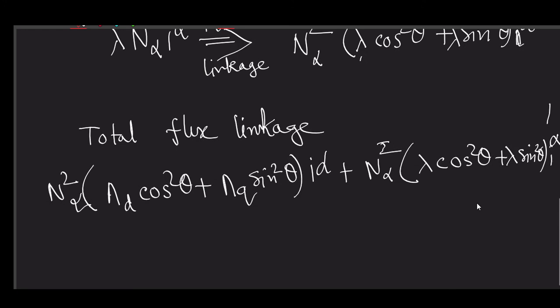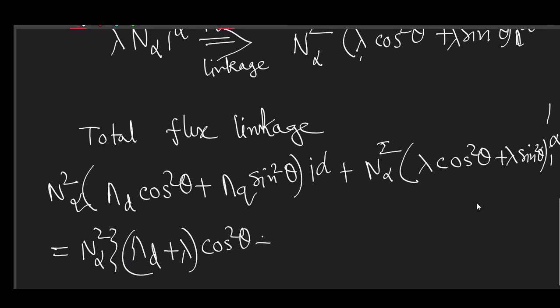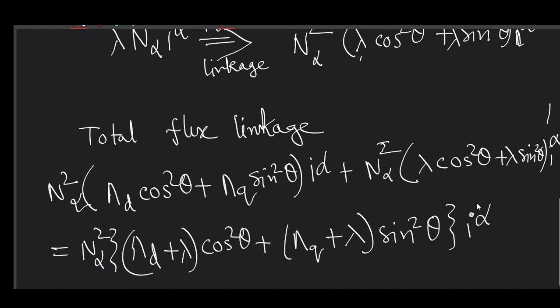Now what we can do furthermore, n alpha square (lambda d plus lambda) cosine square theta plus (lambda q plus lambda) sine square theta, I alpha, right?